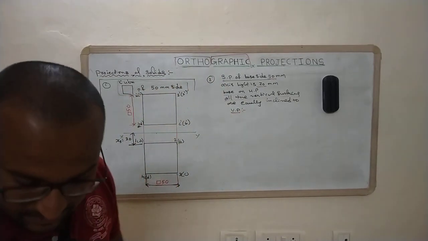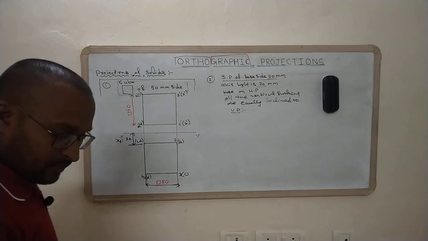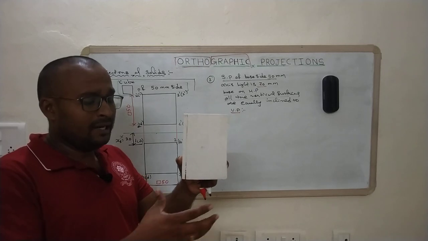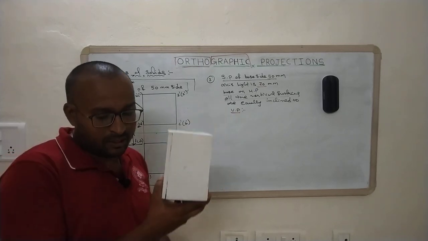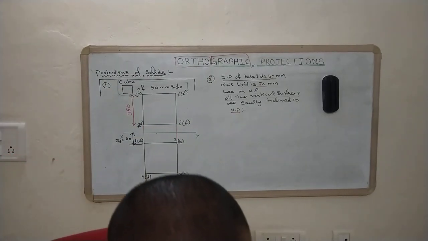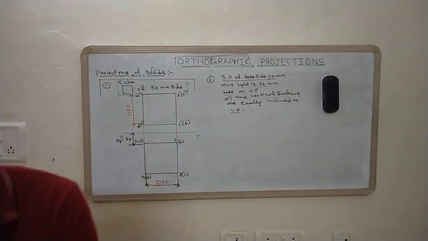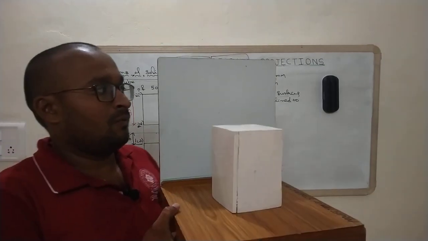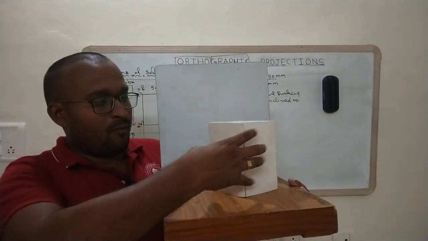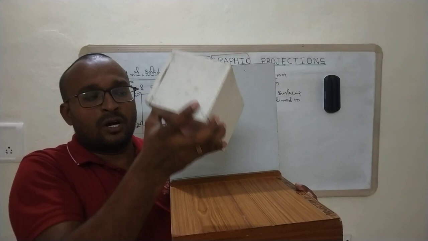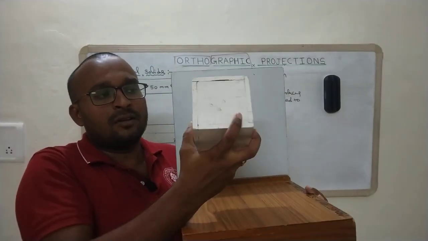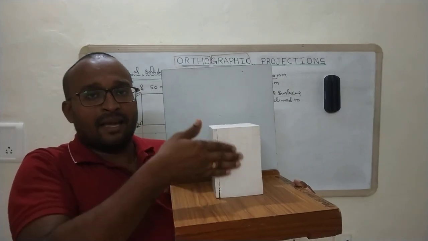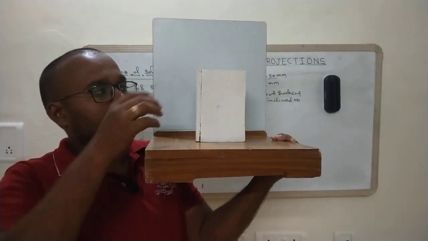So here in this case, this is the solid I have placed, right? Whenever we see from the front view, one of its rectangular faces is on HP, one of its bases is on HP. So here the square base is 50 mm and the axis height is 70 mm.